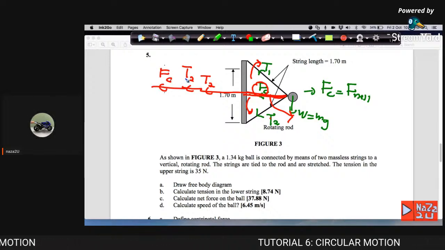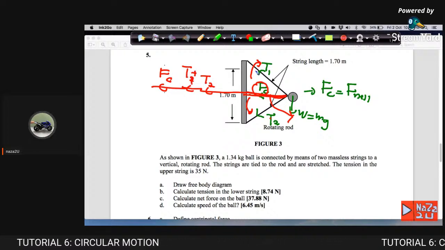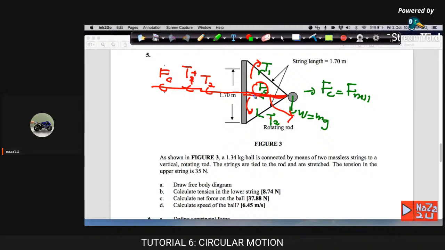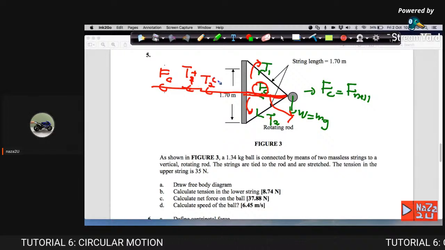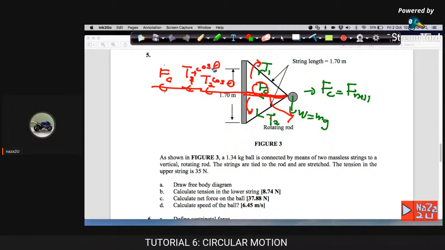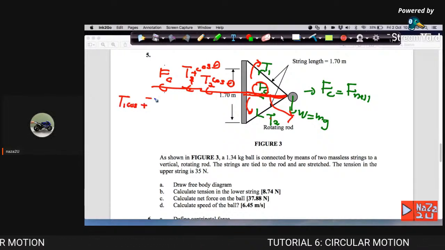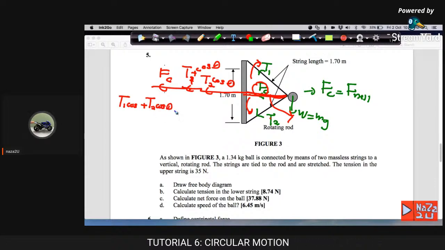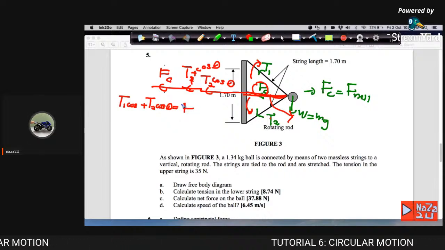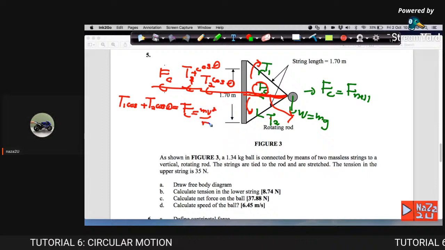So meaning here, the combination of T1 and T2, if you resolve to the horizontal line, meaning T1 cos theta and T2 cos theta, you can use the equation T1 cos theta plus T2 cos theta is equal to the contribution to the net force, or FC, which is mv squared divided by r.